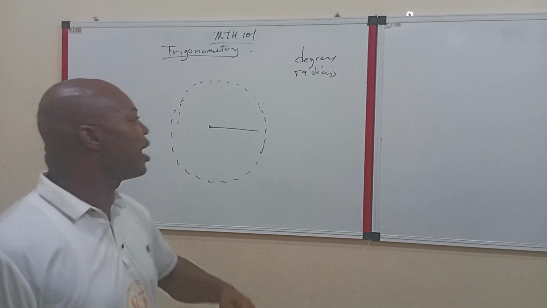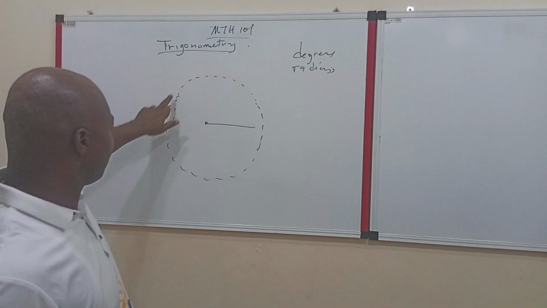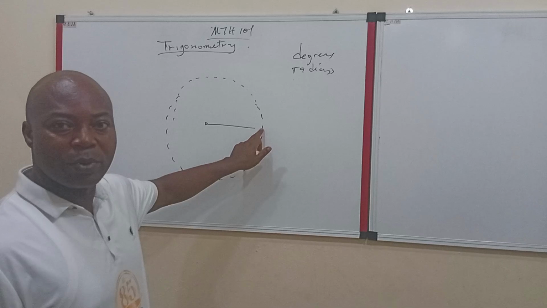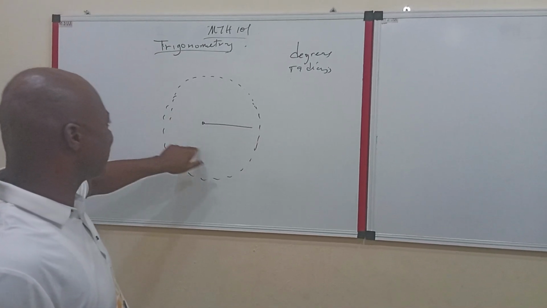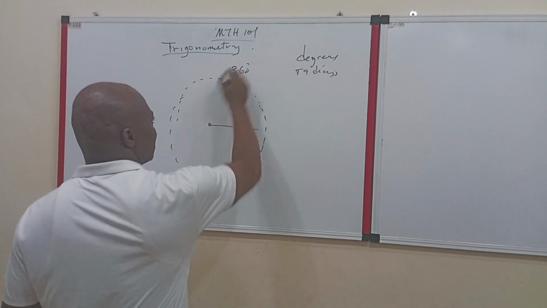But conventionally, if this straight line comes back to its original point, I will say that it has subtended an angle of 360 degrees.